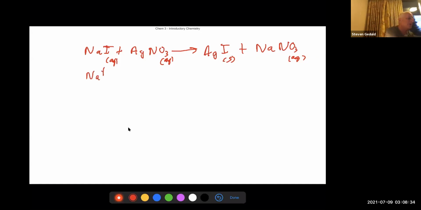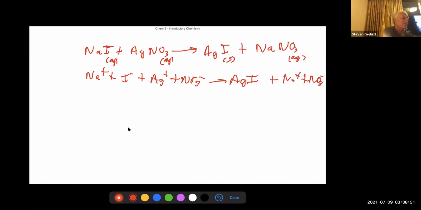So Na plus, I minus, plus Ag plus, NO3 minus. AgI does not break into ions because it's a precipitate, it's a solid. Plus Na plus, NO3 minus. This is your total ionic equation, and this is your molecular balanced equation.